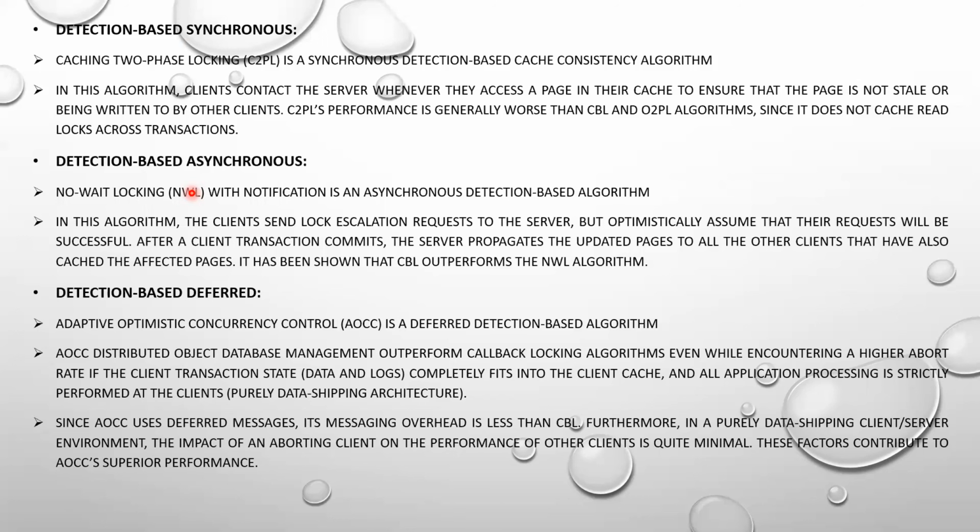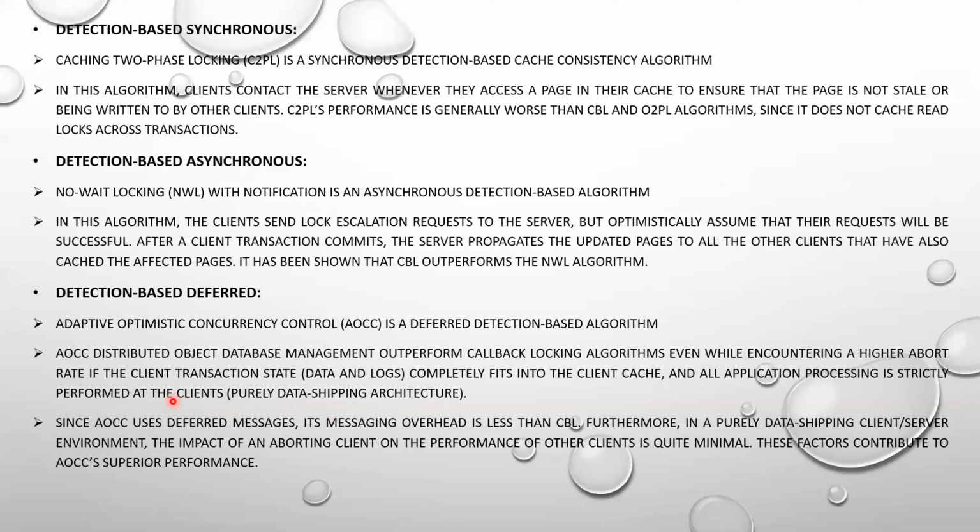Detection-based deferred: adaptive optimistic concurrency control, AOCC, is a deferred detection-based algorithm. AOCC in a distributed object DBMS outperforms callback locking, CBL, algorithms even while encountering a high abort rate, if the client transaction state completely fits into the client cache and all application processing is strictly performed at the client, in a purely data shipping architecture.